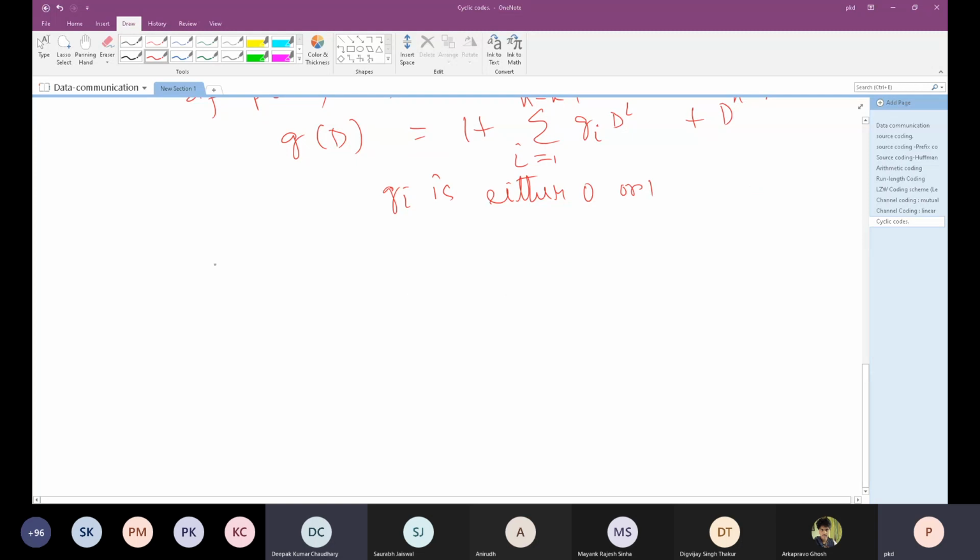So X(D), the code word, is equal to A(D) G(D) modulo D to the power n minus 1. That means if it goes to higher degree, it has to be remapped to the original domain.